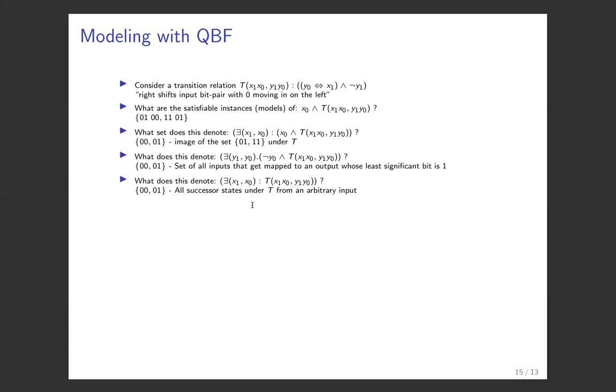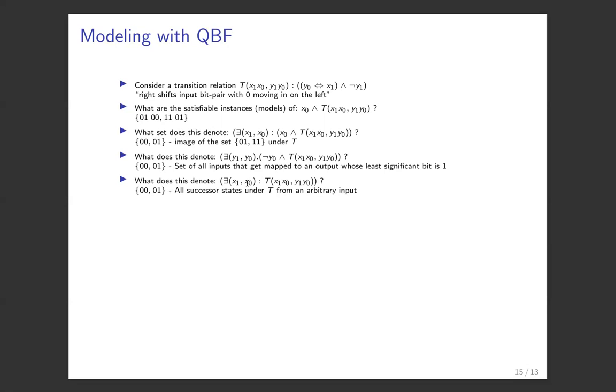No, input can be anything, right? Because y1 should always be 0. So in the output, only 2 outputs are there, 0 0 and 0 1. So the y1, this is wrong, isn't it? But you get the idea.